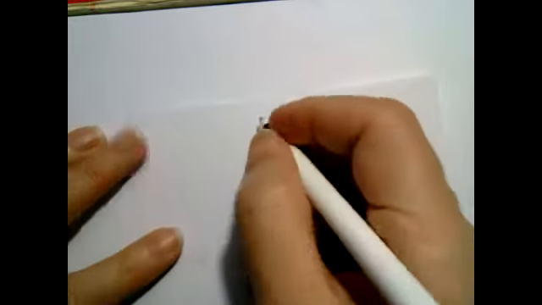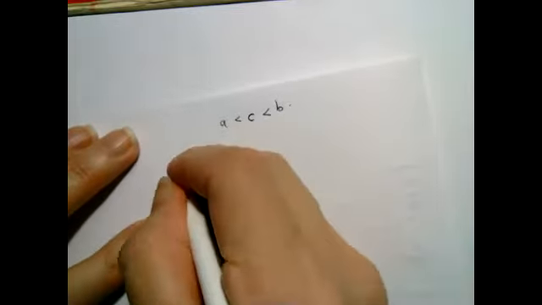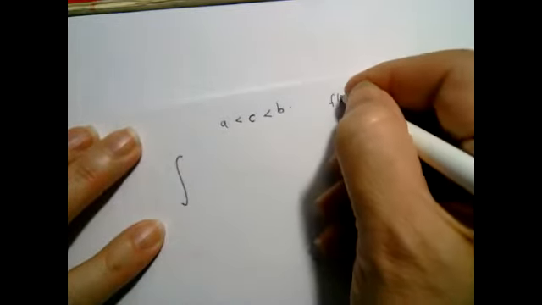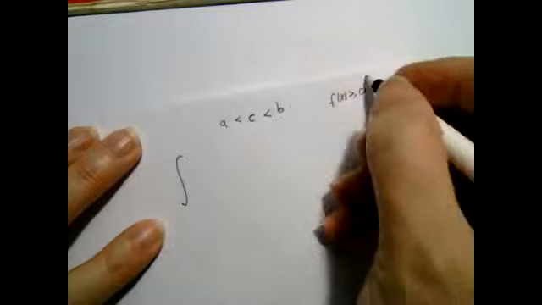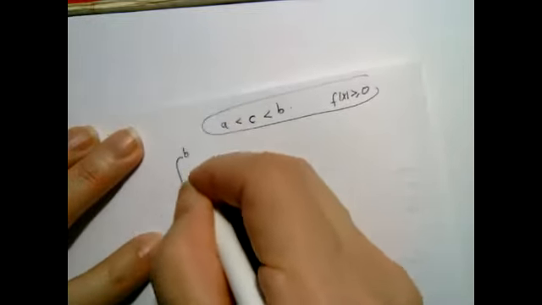I'm going to tell you something and tell me if it makes sense. Don't write yet. Suppose I have a number c between two numbers, a and b, and suppose it is positive, for now. Does this make sense?